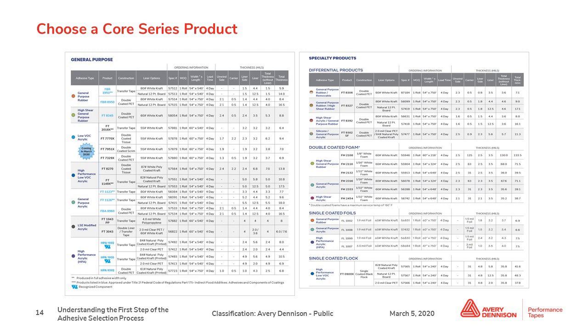In addition, we provide the thickness of each product, breaking it down by the unwind side adhesive, the carrier, the liner side adhesive, and the total thickness of the product with and without the liner. Please also note the products marked with 2 asterisks are produced in full adhesive width only due to the aggressive nature of these adhesives.